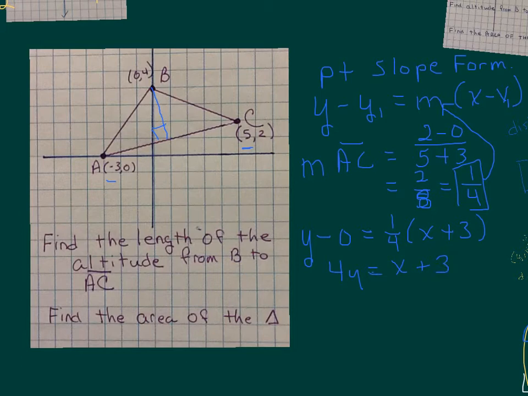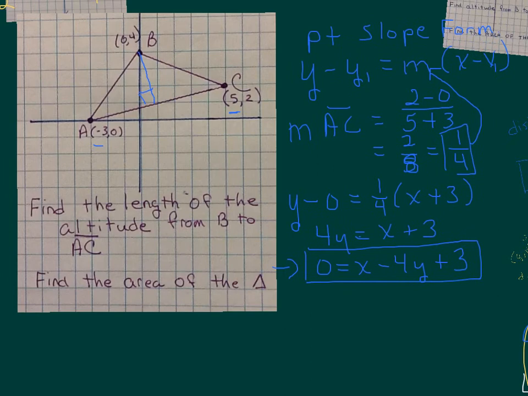And then put it back into standard form. So we'll have 0 equals x minus 4y plus 3. The reason I did this was because I want to find the length of the altitude. I have a point. Now I have a line that I can use to find that distance.